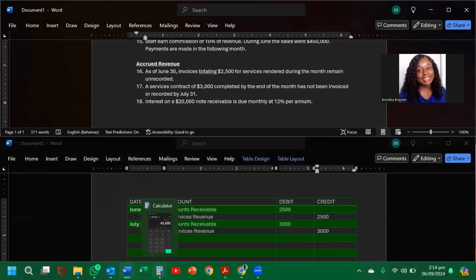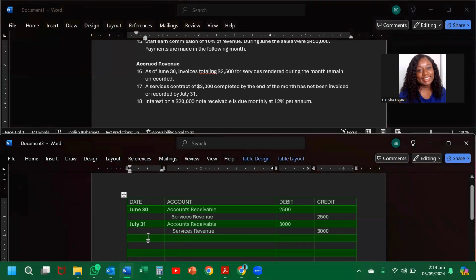So we now have to record an interest receivable and interest revenue. Let's say this is December 31st: we're going to debit interest receivable, and then credit interest revenue.